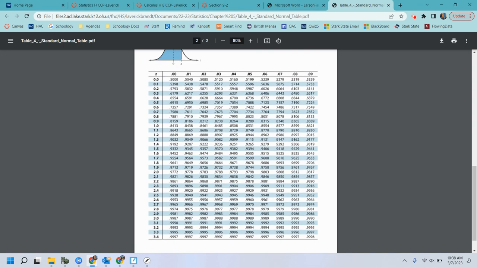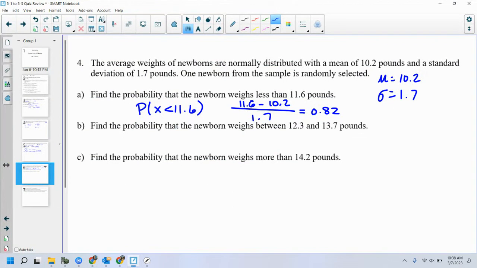Here's my 2 column. 0.7939. So the probability of X less than 11.6 is 0.7939. It's interesting that it actually comes out pretty similar, but that's just coincidental.